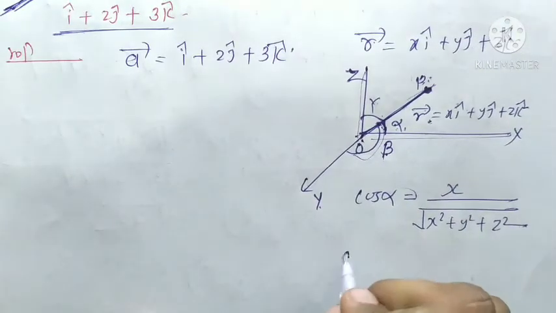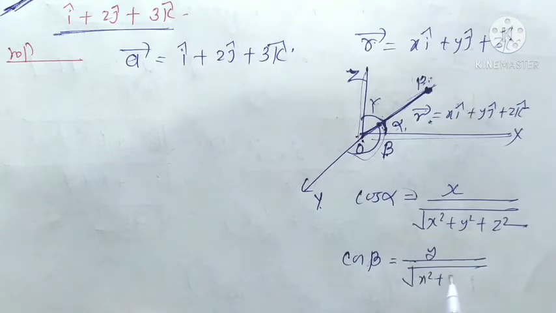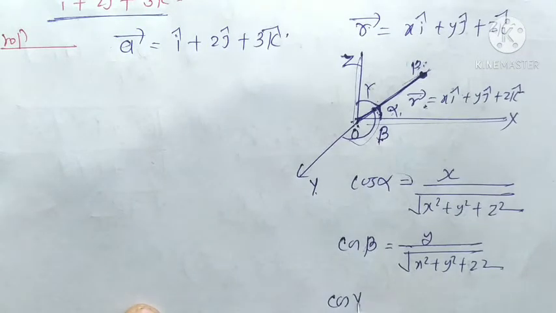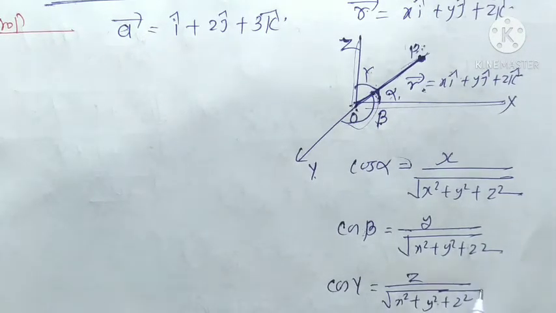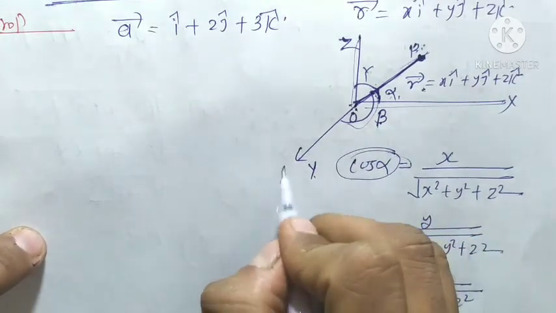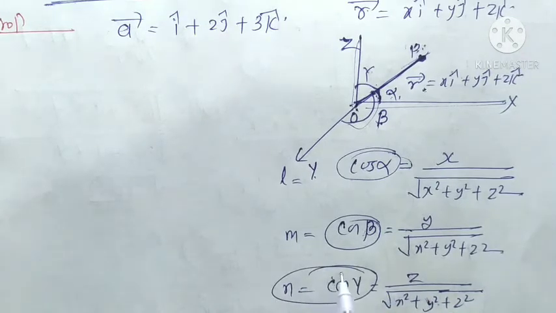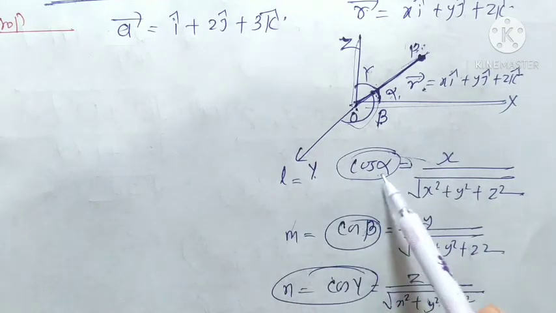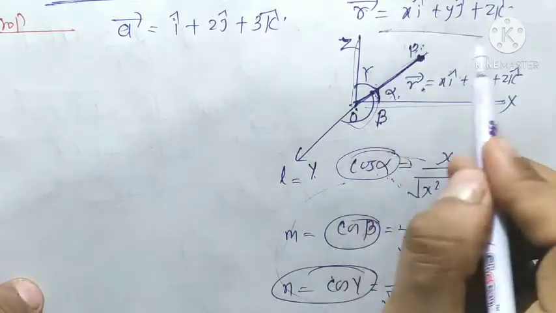Similarly cos beta is equal to y upon the square root of x square plus y square plus z square, and cos gamma is equal to z upon the square root of x square plus y square plus z square. These are l, m and n, and they are called the direction cosines of that vector r.